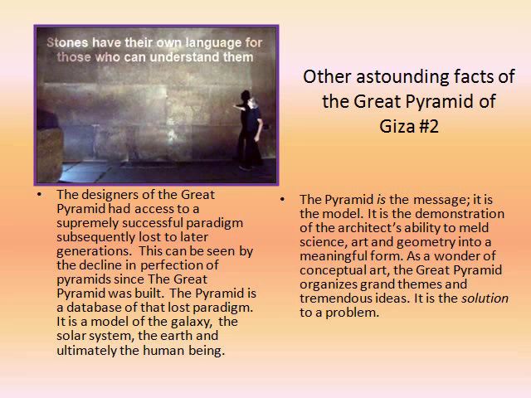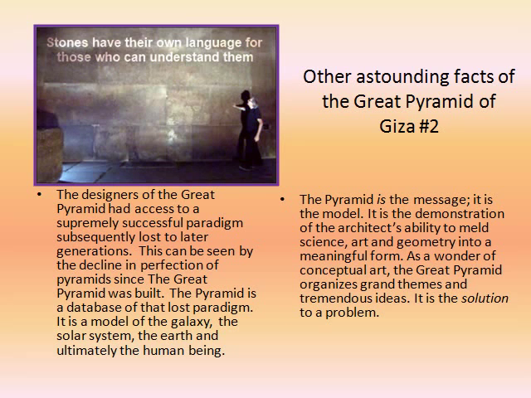Other astounding facts of the Great Pyramid. The designers of the Great Pyramid had access to a supremely successful paradigm, subsequently lost to later generations. This can be seen by the decline in perfection of the pyramids since the Great Pyramid was built. The pyramid is a database of that lost paradigm. It is a model of the galaxy, the solar system, the Earth, and ultimately the human being.